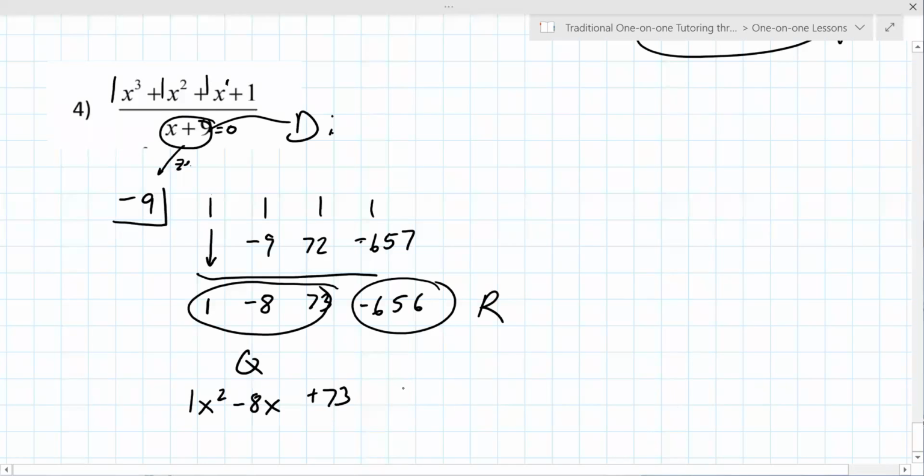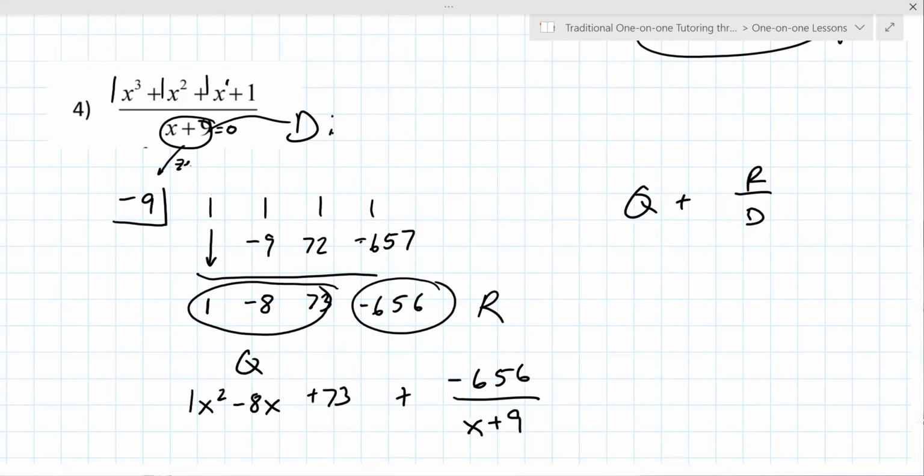Okay, so then again, it's always quotient plus remainder over divisor. So your quotient is right there, and then your remainder is -656 over X plus 9.